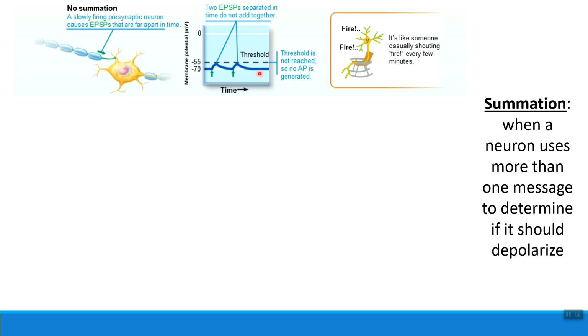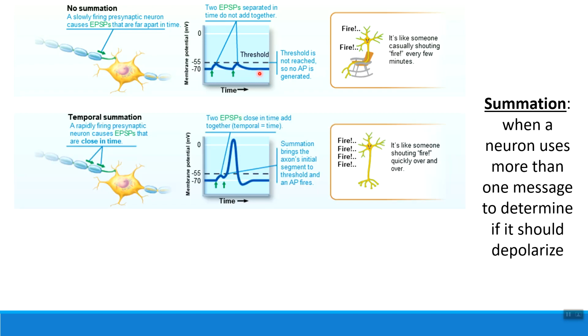When I start adding together messages, that's going to make it easier for me to recognize that I should depolarize, that I should get all the way positive and talk to my neighbor. So in temporal summation, one neuron talks to me repeatedly.